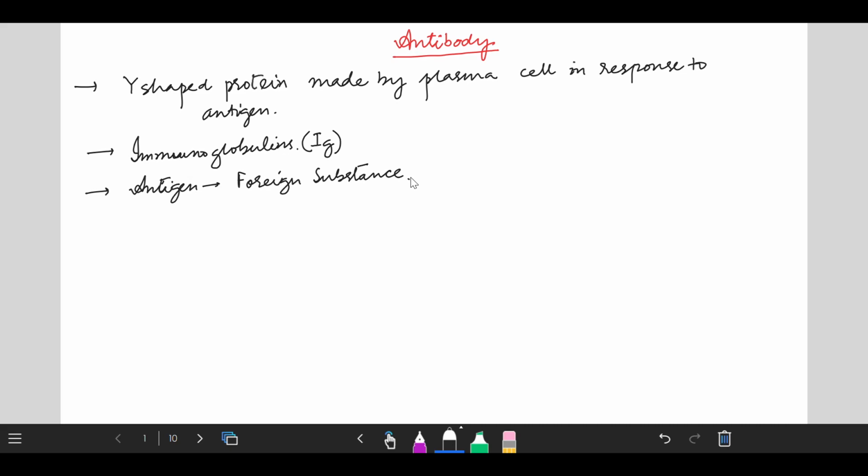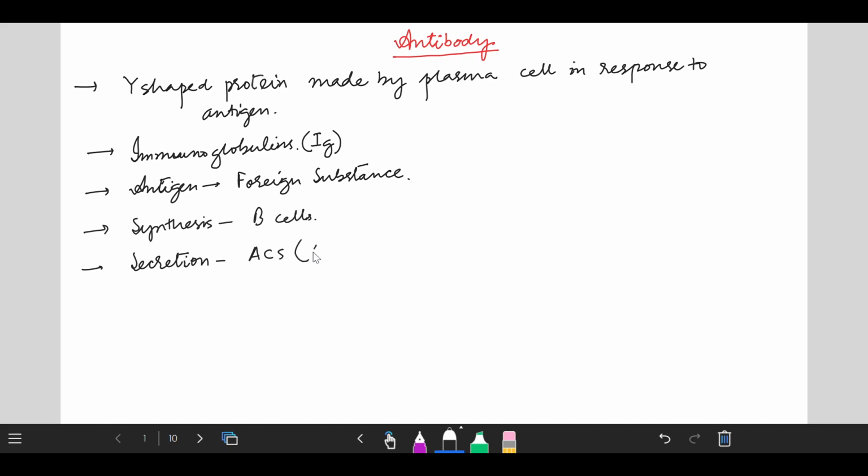Now we need to be clear about who synthesizes the immunoglobulins or antibodies and from where antibodies are secreted. Actually, antibody is synthesized by B cells, or B lymphocyte cells, and it is secreted by an ASC, also known as antibody-secreting cells.